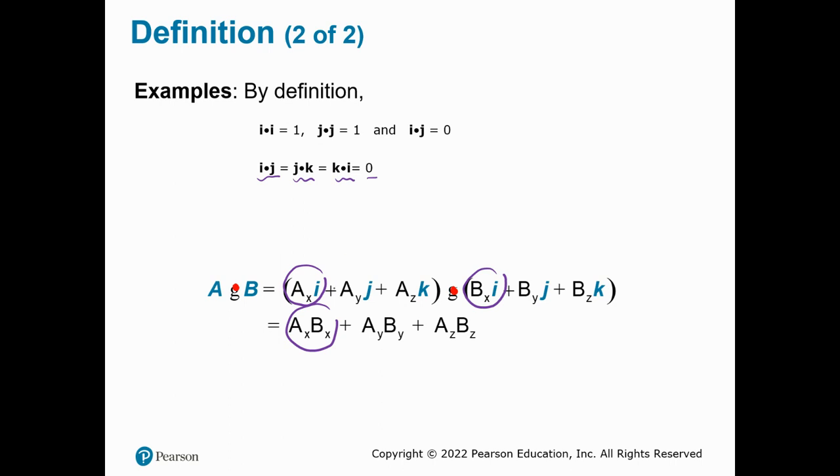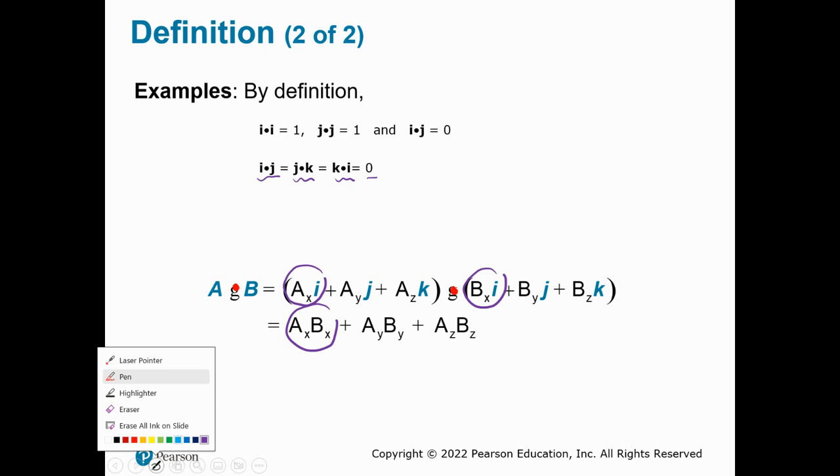If you want to keep distributing, AxI dot ByJ, look, i dot j is going to be 0, so we're not writing it. Same thing if you distribute the first term to the last one, AxI dot BzK, it's going to be 0 because you have i dot k. It's the dot product with each other, not with itself.